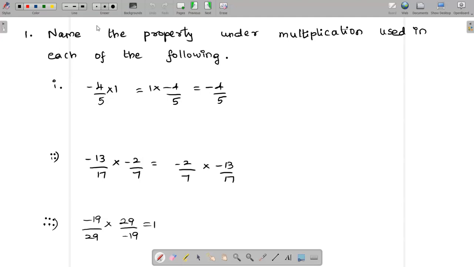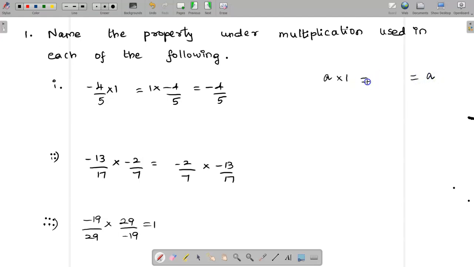The first subdivision is minus 4 by 5 into 1, which is equal to 1 into minus 4 by 5, which is equal to minus 4 by 5. So we have the property that when we multiply any rational number, for example a, with 1, we get the same rational number as the product.